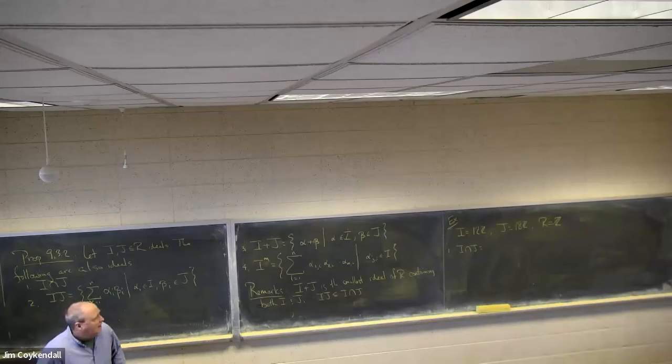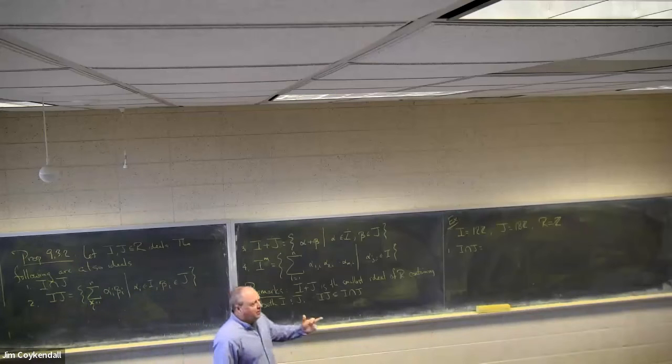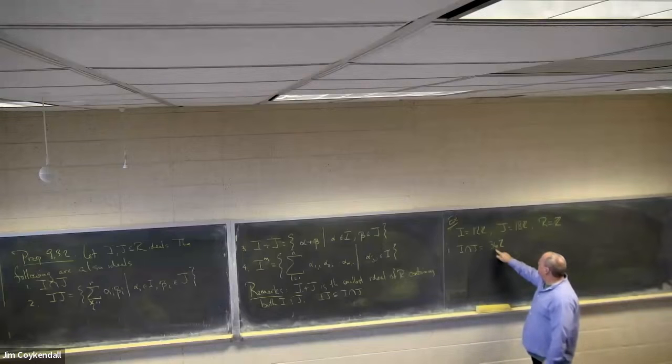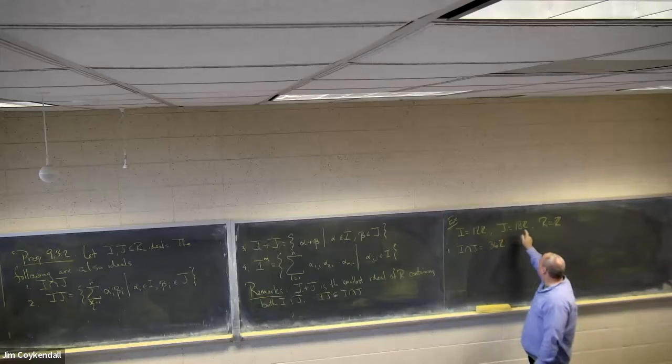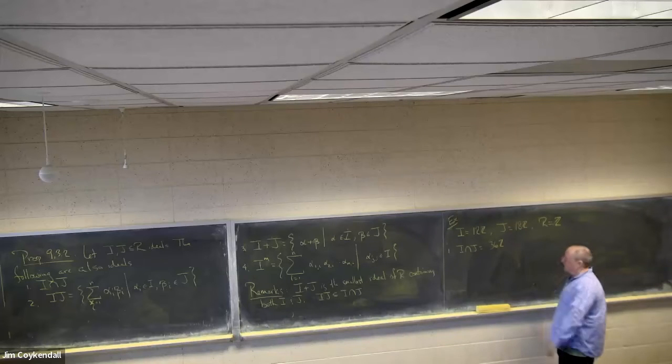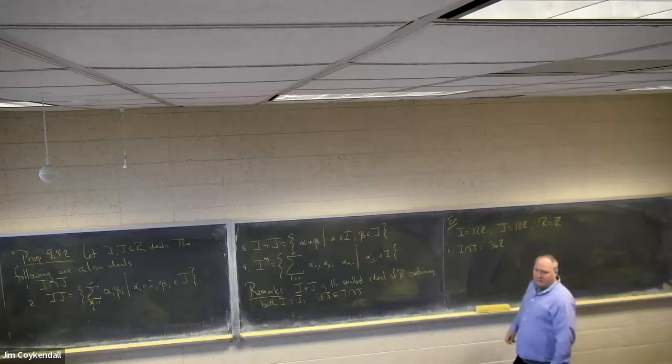What is the relationship between 36, 12, and 18? 36 is the least common multiple. That's right. I think we can all agree that this ideal is contained in both of these, because 36 is 3 times that, and 36 is 2 times that. And it's pretty easy to see that it can't be more.